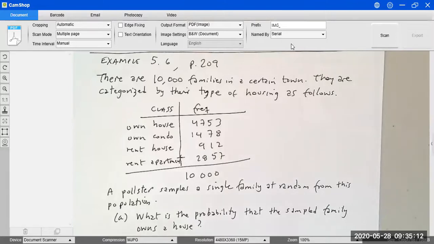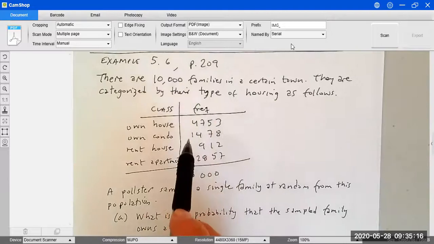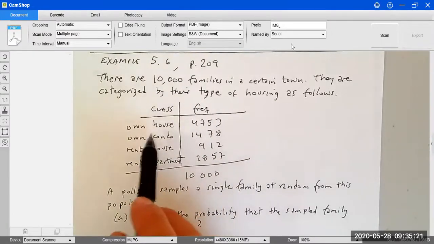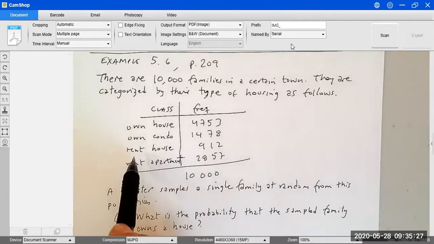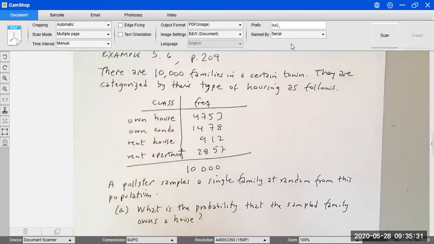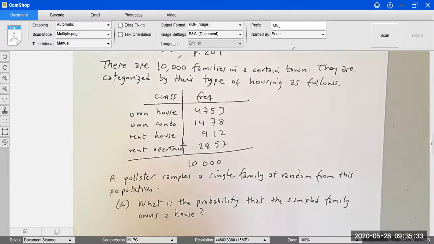So we have here our frequency table, our frequency distribution for the families living in a certain town. So we know that some families own a house, some families own a condo, some of them rent a house, and some of them rent an apartment. Then someone is conducting some study or survey, and they sample a single family at random from this population.